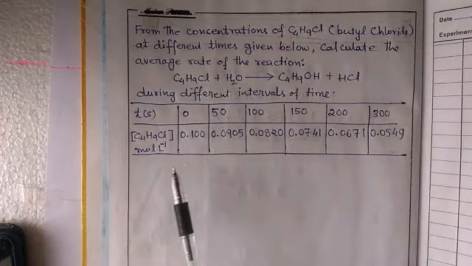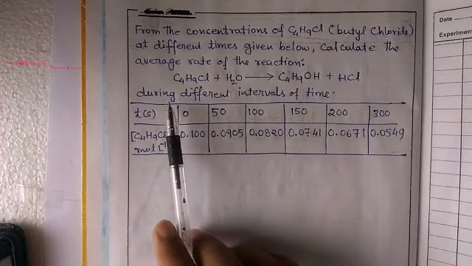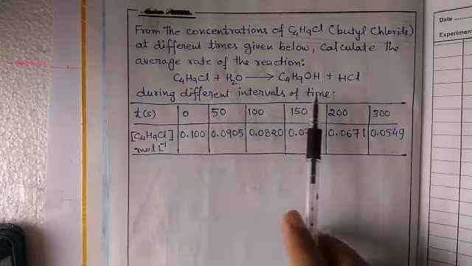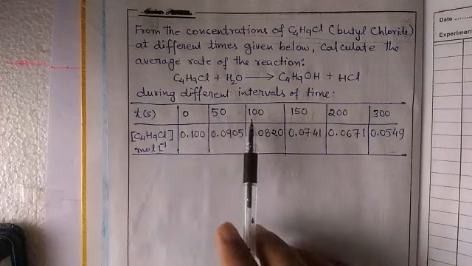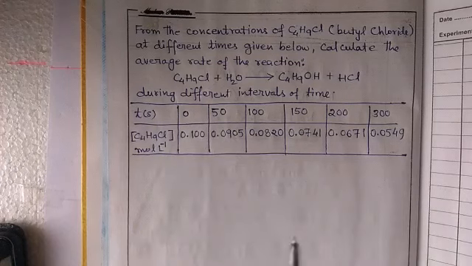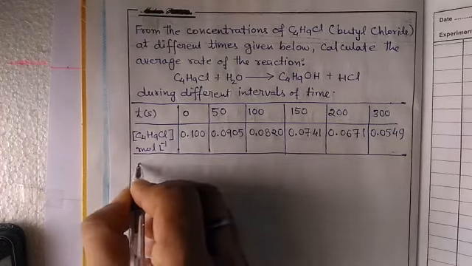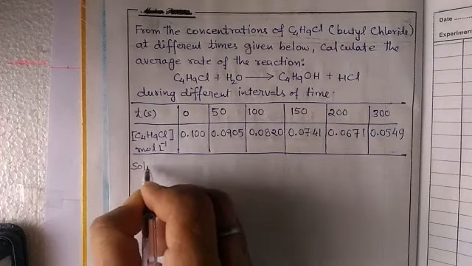This is the chemical reaction which is involved in this process, and during different intervals of time we have to calculate average rate of reaction. So what equation could be formed for this reaction? Let's solve it and see.